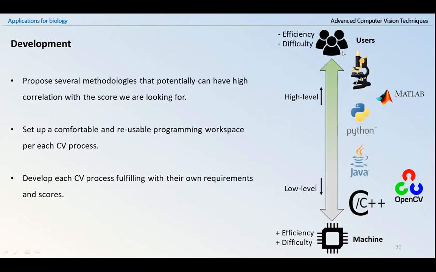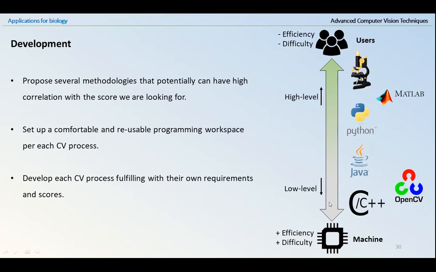We are here. That means that the more abstraction has that software, or the higher level is, the closer is to you, the users. That means that the easier to use for you, but it's less efficient. On the other hand, the less abstraction it has, or the lower level is, the closer is to the machine.